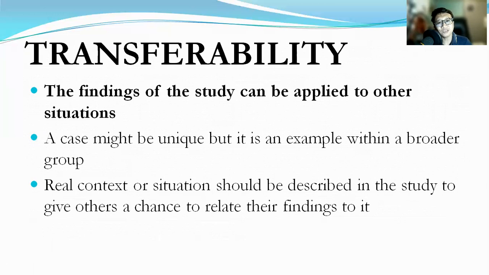Here the quantitative researchers would argue: how come qualitative researchers can ensure external validity or transferability in their study, when they are just studying a specific context and not the whole population?